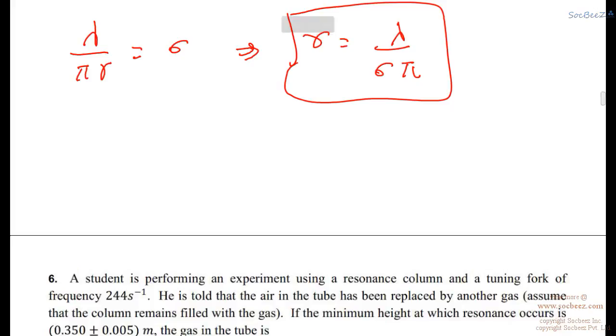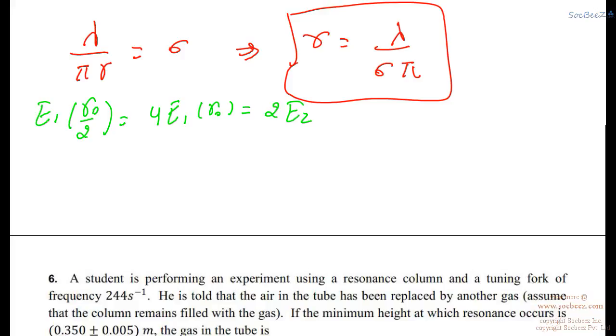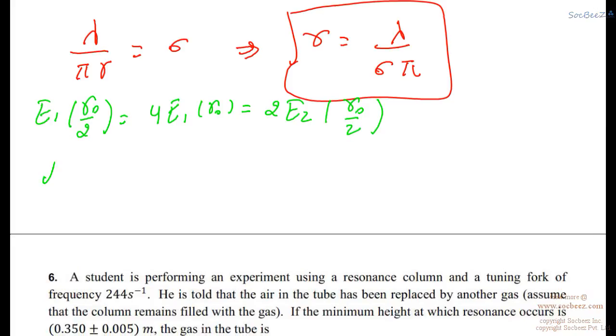Okay, so if we substitute these values in our equations of electric field, we get E1(r0/2) equals 2 E2(r0/2). This is the first.